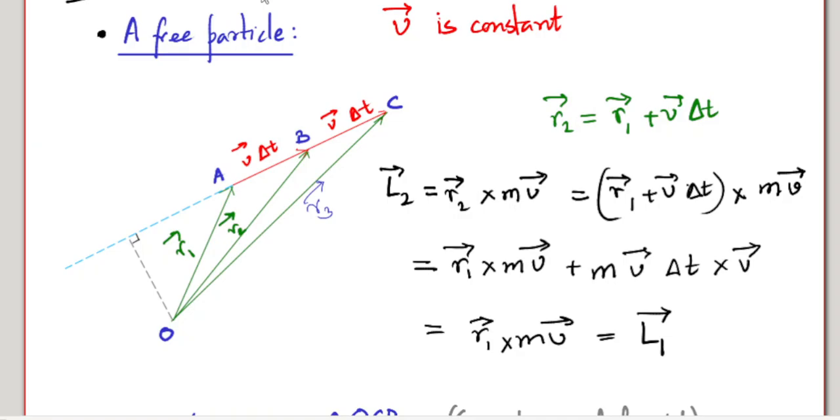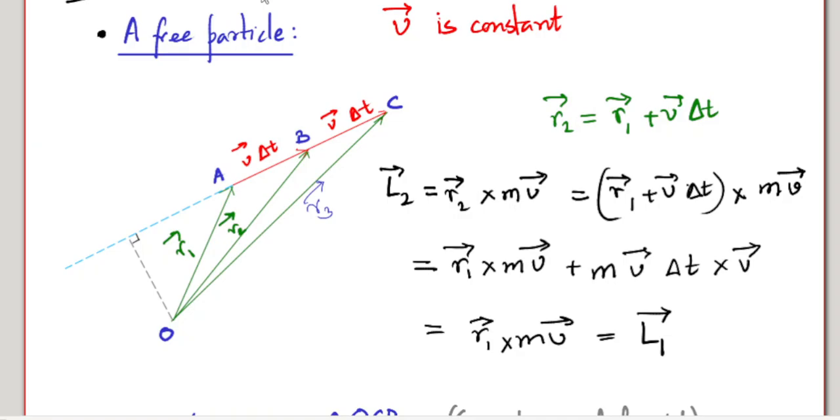What about the magnitudes of angular momentum? Remember, the magnitude of the angular momentum, as we have just worked out, apart from a factor of m, is essentially double the area of this triangle OAB, that's for the point A, and for point B it is double the area of the triangle OBC. Now these two triangles are very different, but they have the same base.